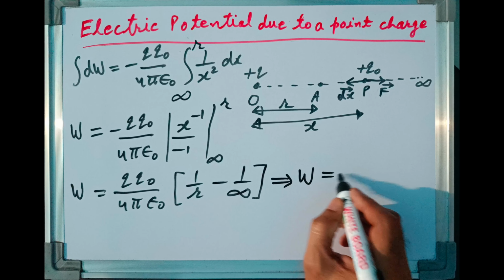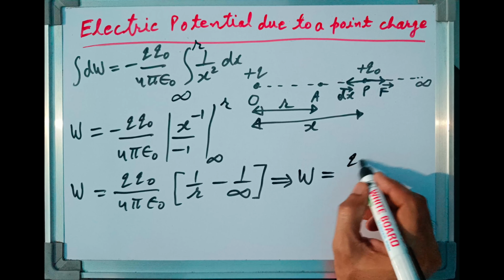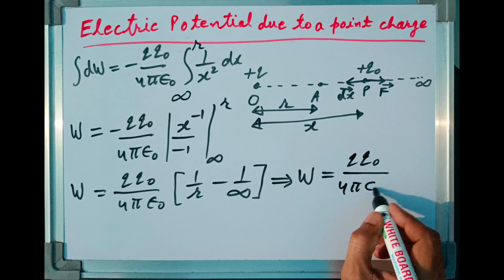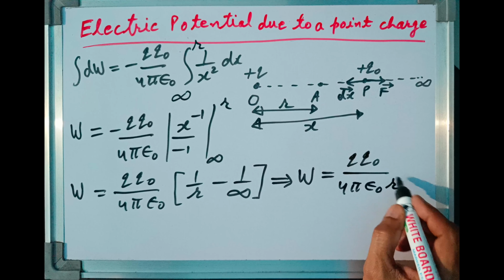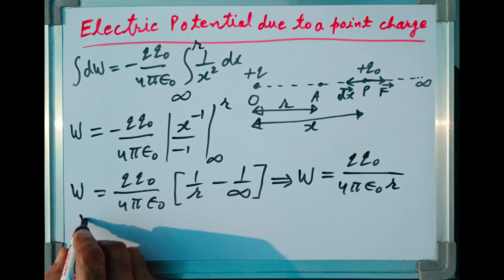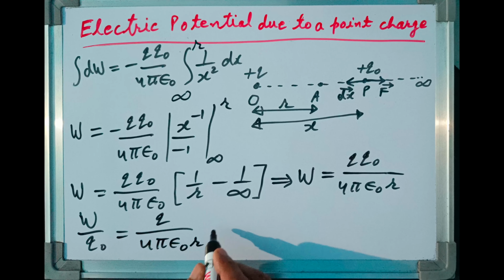Then W comes out to be, since 1 upon infinity is 0, we are left with Q naught upon 4 pi epsilon naught r. Now let's take this Q naught to the left hand side, and we are left with Q upon 4 pi epsilon naught r.